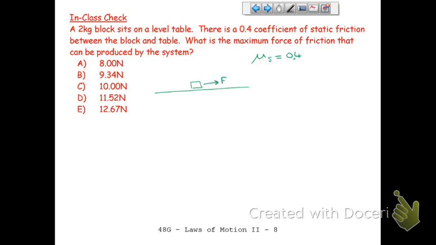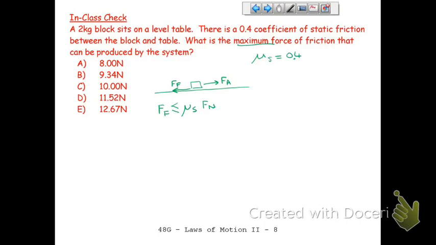So let's take an applied force, and that gives rise to a frictional force. And I want the maximum. So this is the point of slipping. I say F_F is less than or equal to mu static times F_N.